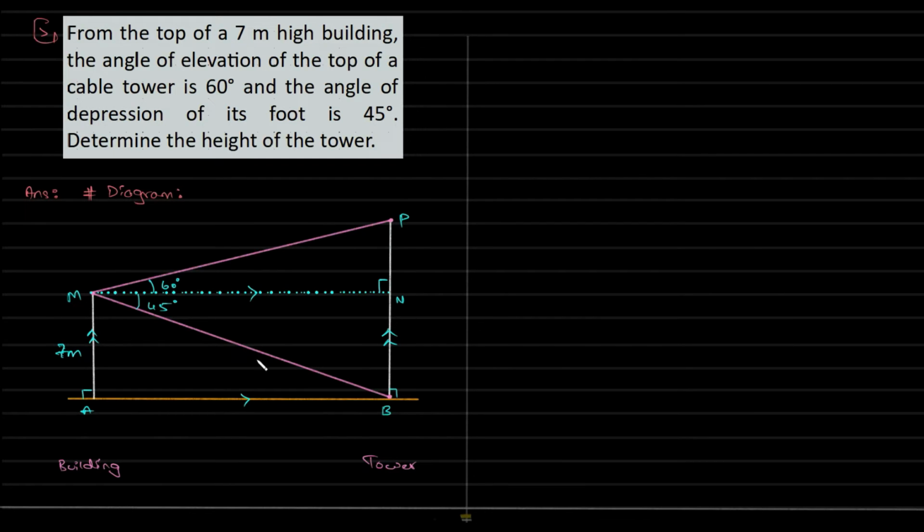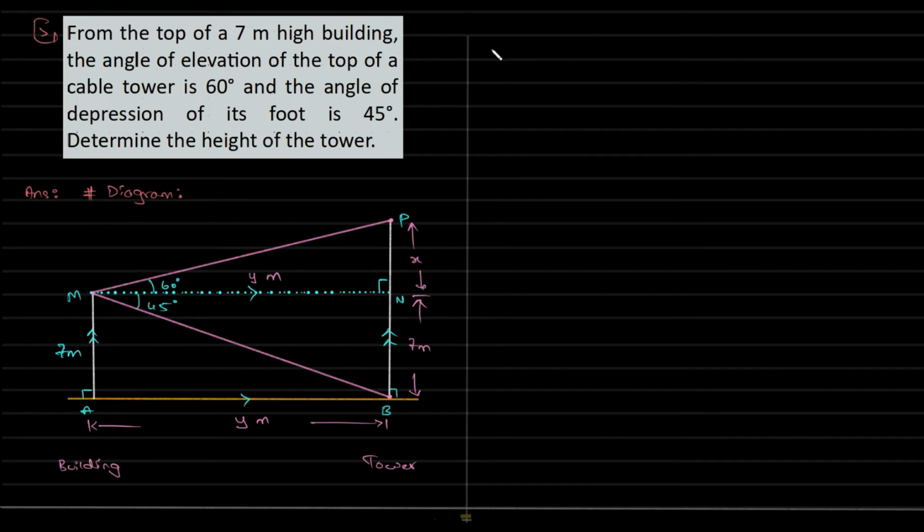So this is 7 meters. This is X. We'll call this length Y meters, and this is Y meters, because these two lengths are the same, we have to write it so.